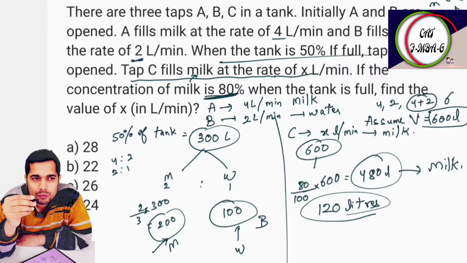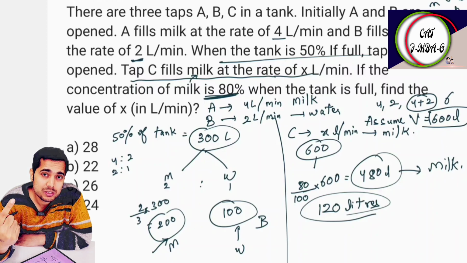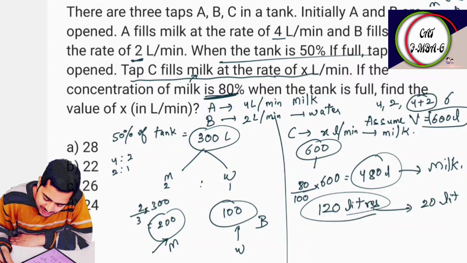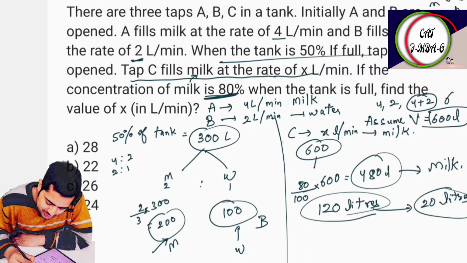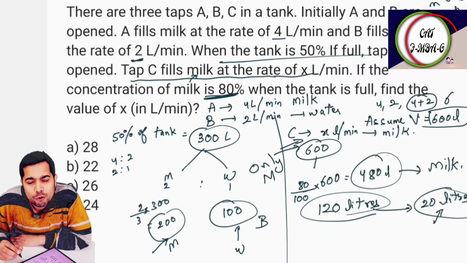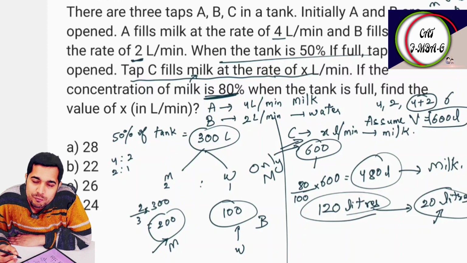So up to when 50% tank was full, 100 liters was water filled by B. Now extra 20 liters of water is there, and C fills only milk. That implies this 20 liters of water has been filled by only B. And what is the rate of B?